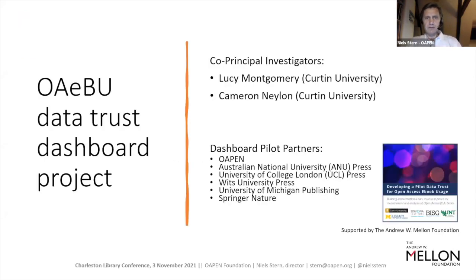So as already mentioned, it's part of the OAEBU Data Trust Project, and Lucy Montgomery and Cameron Neylon have been the co-principal investigators focusing on the dashboard services, and we are part of the pilot partners together with University of Michigan Publishing and the others that you can see here.